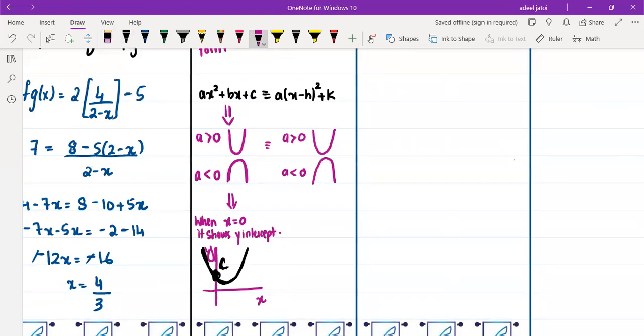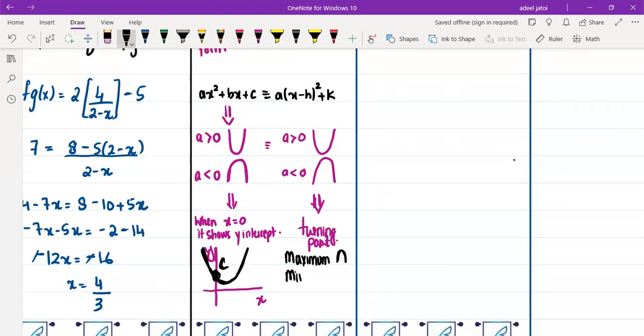So similarly, your completing the square form gives me the turning point of the curve. That means that the turning point can particularly be a maximum if it is an N-shaped curve.